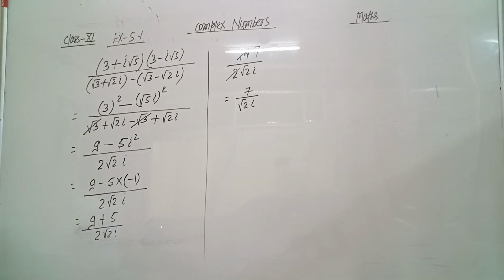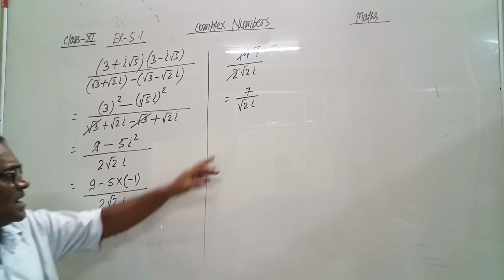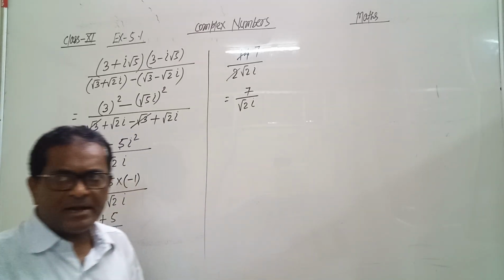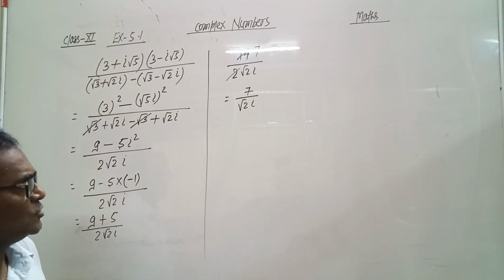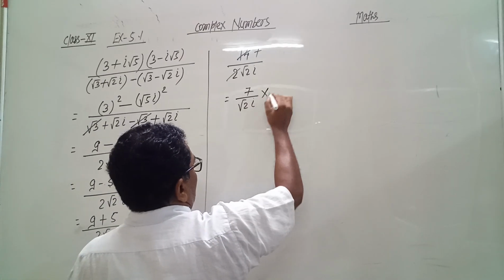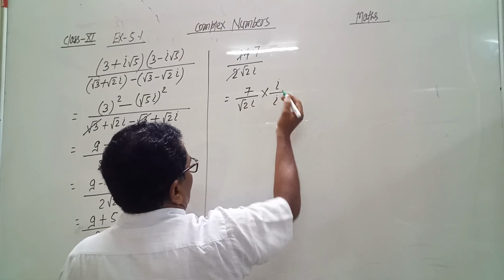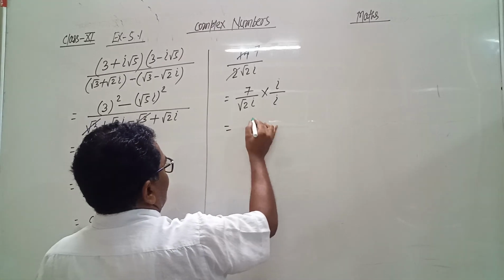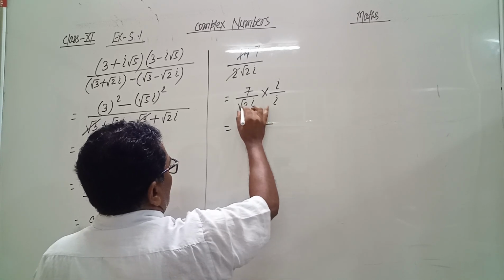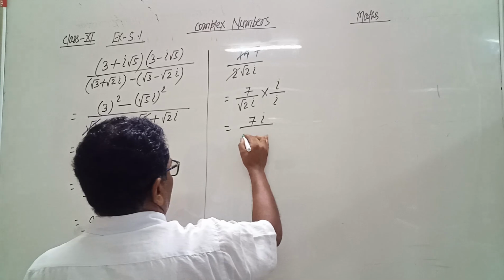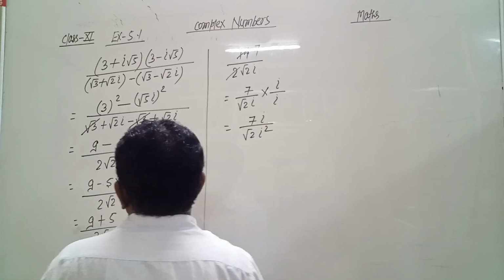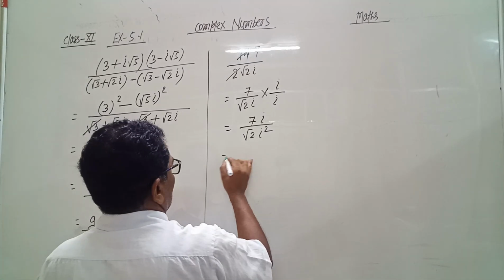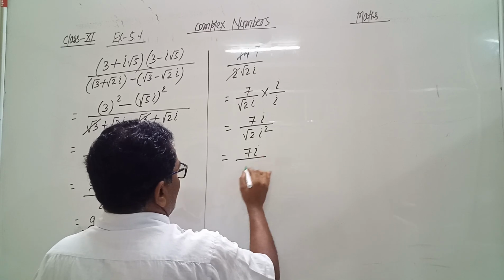Now in the denominator there must not be a term containing iota, and if there is, we will have to multiply the numerator and denominator by iota to remove it. So we get 7 iota upon root 2 iota square.